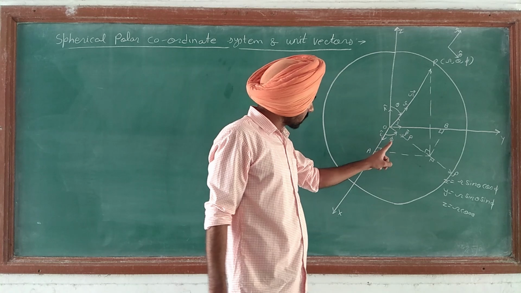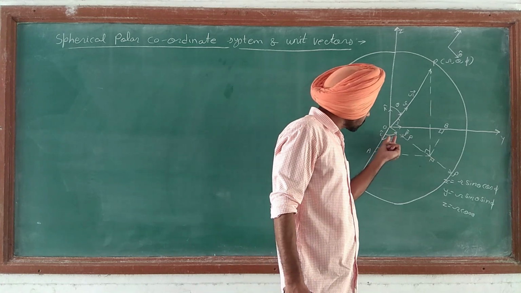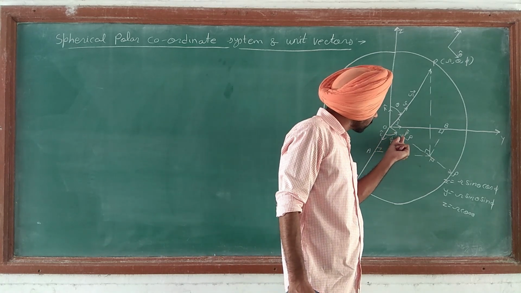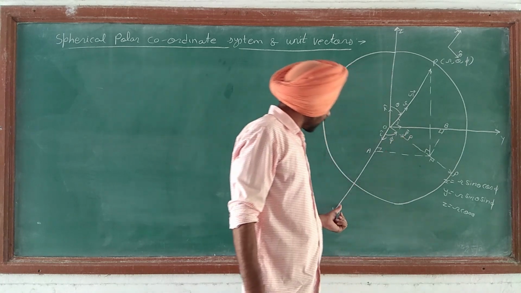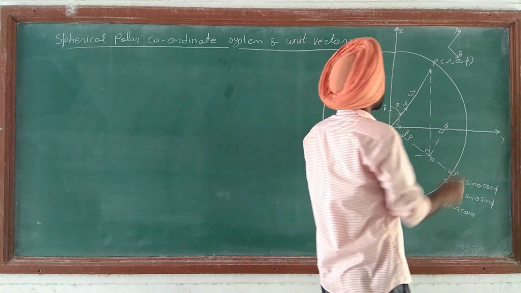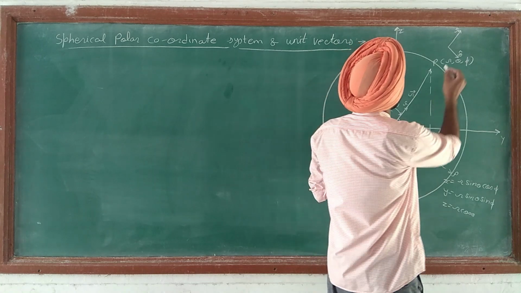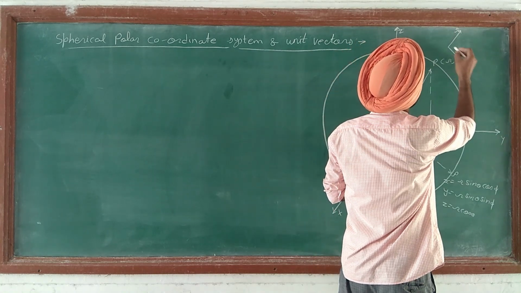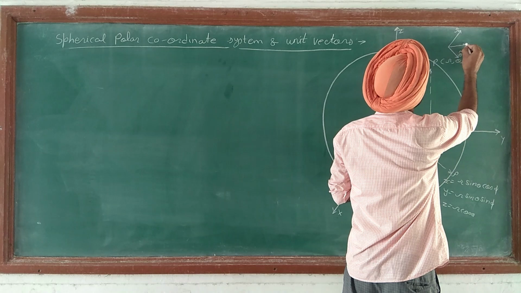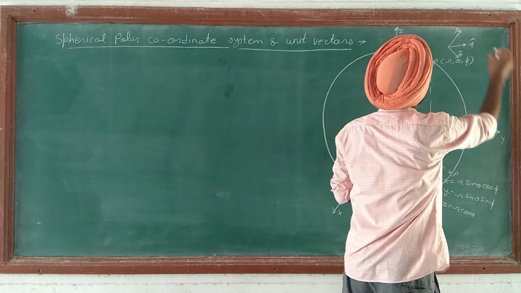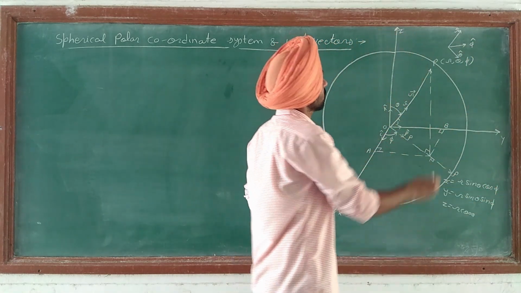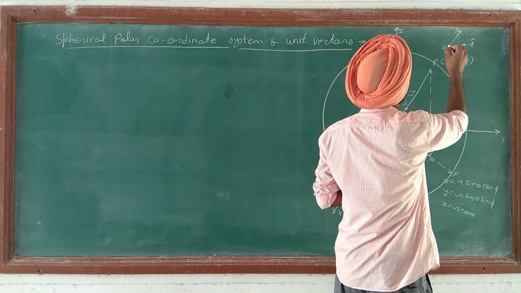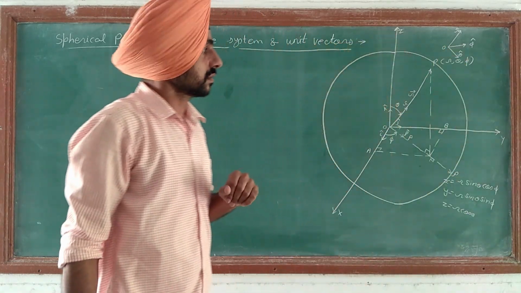Angle phi is the angle between rho axis and the x-axis. So rho cap is perpendicular to both r cap and theta cap. That is, they are orthogonal to each other. This is discussed in a previous lecture. You can watch on the channel.